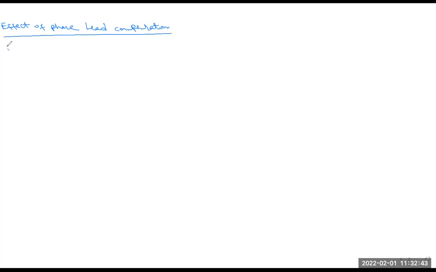Number one, the velocity constant, that is Kv, also increases.